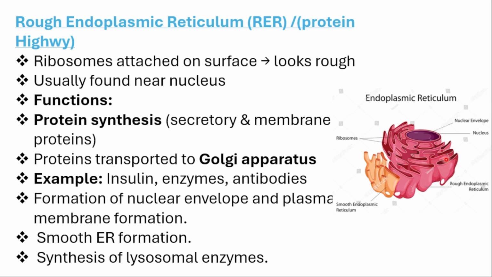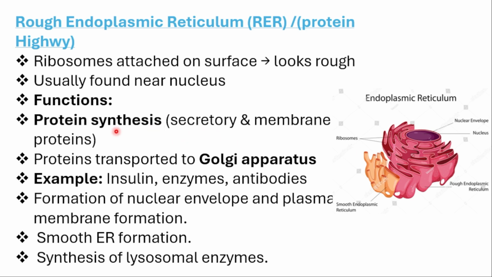Whatever proteins the endoplasmic reticulum synthesizes will be transported to the Golgi apparatus. That's why they are said to be an endomembrane system, because whatever the endoplasmic reticulum produces is handed over to the Golgi. That's how they are coordinated.